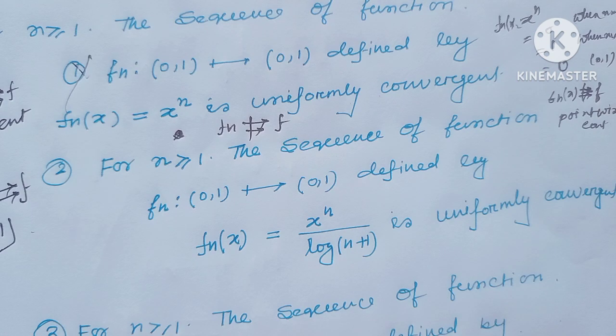Second: for n greater than or equal to 1, the sequence of functions fn defined from open interval (0,1) to (0,1) such that fn(x) equals x to the power n over log(n+1), is it uniformly convergent?